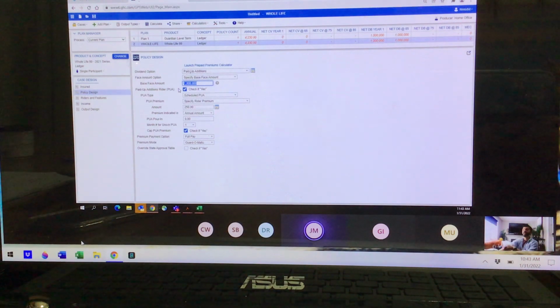So if a contract fails a 7-pay premium test, it no longer meets the definition of life insurance, and it will then potentially be taxable. So it's going to be last in, first out. So all of our growth is going to come out first, which would create taxation, whereas how it usually works is our growth comes out last on these contracts to avoid some taxation.